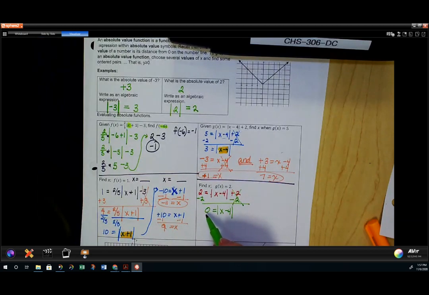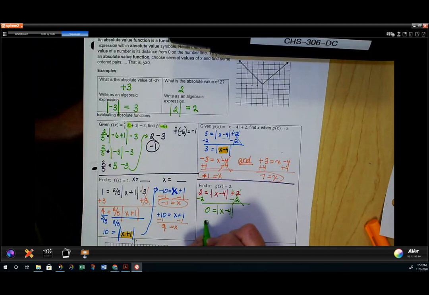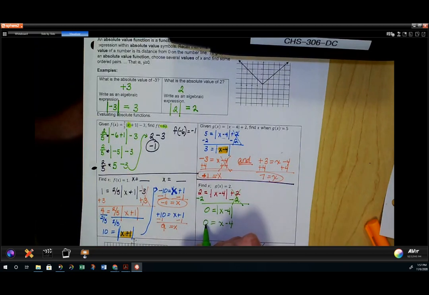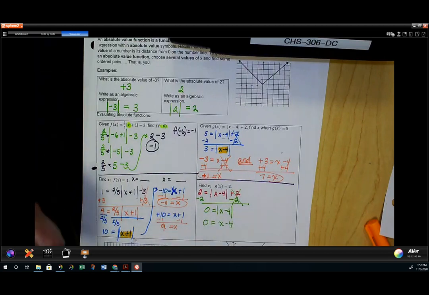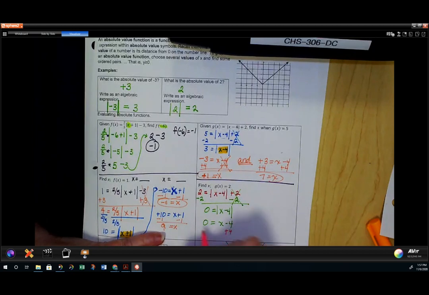It's just a special number. So 0 is equal to x minus 4 because 0 is not positive or negative. It's just 0, special. So then you solve, and we add 4 to both sides. So x is equal to 4.